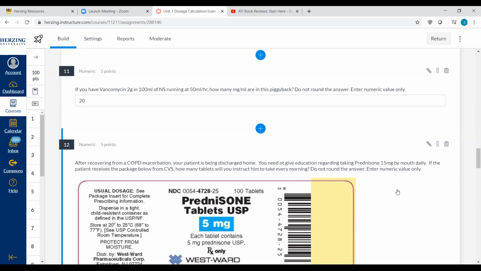You need to give education regarding taking prednisone 15 milligrams by mouth daily. If the patient receives the package below from CVS, how many tabs will you instruct him to take every morning? So this tab, it says 5 milligrams are in 1 tab. So 3. Yeah, 3 times 5 would be 15.